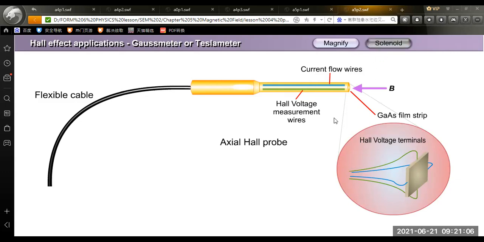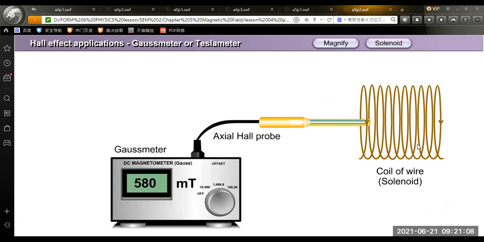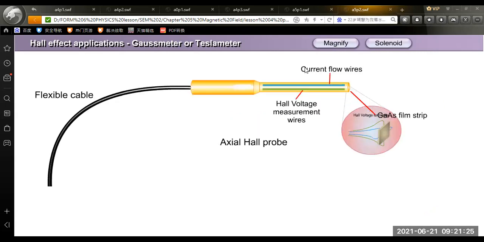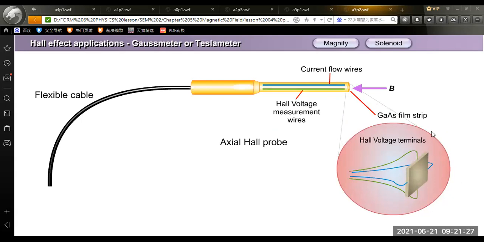So with the solenoid, when put into the solenoid, we can measure the magnetic field. When there is a magnetic field present, it produces the Hall voltage, because just now, without any magnetic field, there was none.